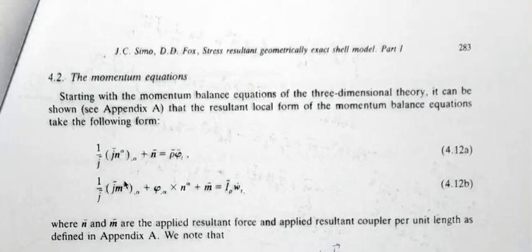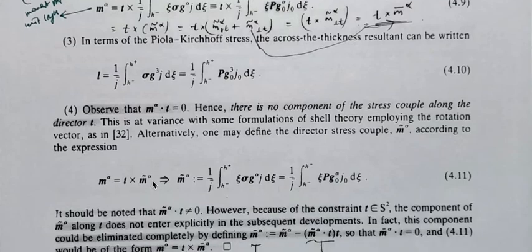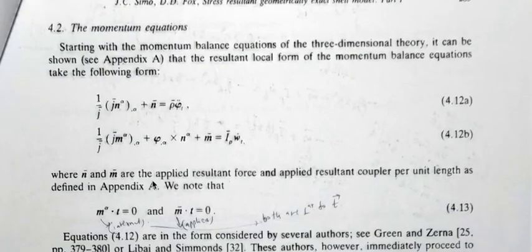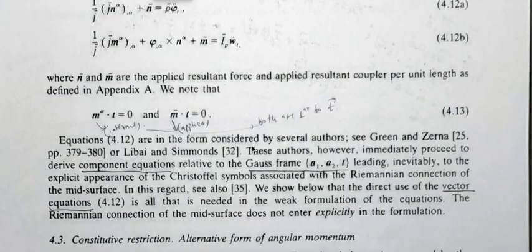So please note that here we have m alpha coming in, not m tilde alpha. And later on, after some further processing, this will be converted to m tilde alpha. And this is not the final form of momentum equations which will be used in the modeling. This will be modified further, and then that modified form will be used in the modeling of the shell theory.